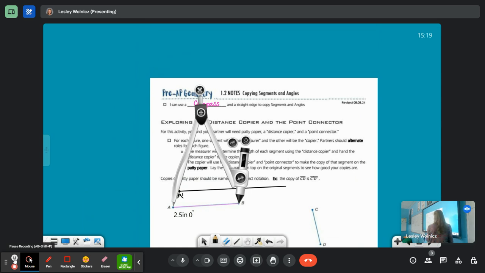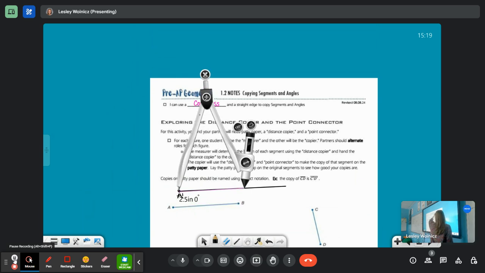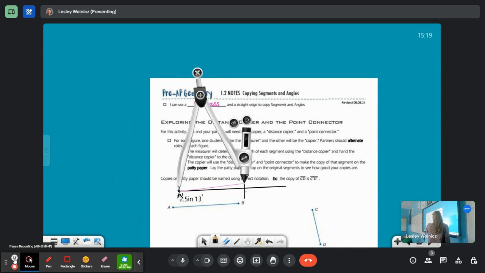Okay, without changing my radius, I keep that distance, metal tip on point A prime, and I mark the intersection of an arc with my auxiliary line to show where B prime should go.